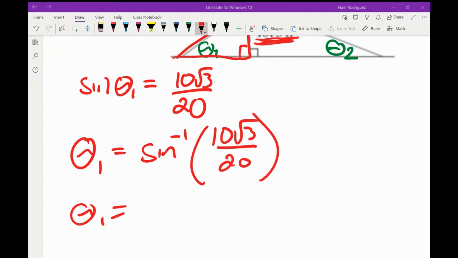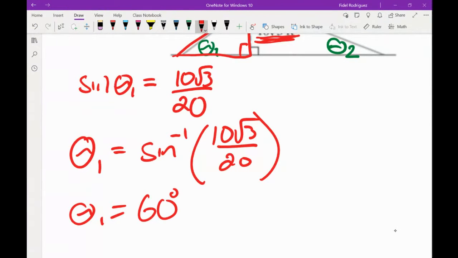I see the square root of 3. Now, I don't know if this does this on your app or on your calculator, but mine opens up a parenthesis. So I got to make sure I close that off. And then I'm dividing it by what number? 20. And all of that is my value. So I got to close that off so I can find the angle. And 60 degrees.